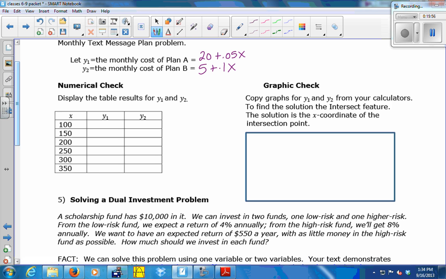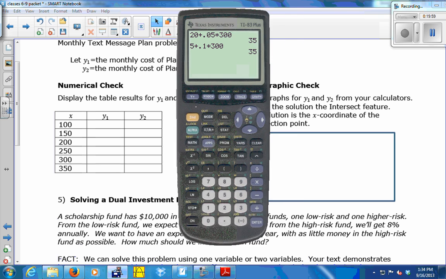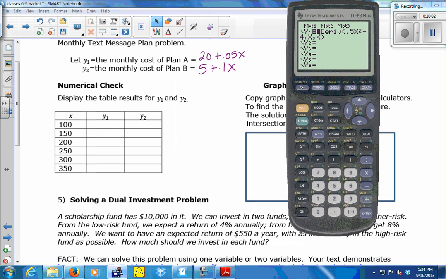And then we're going to look at a table. 20 plus 0.05x, and 5 plus 0.1x, and look at the table.